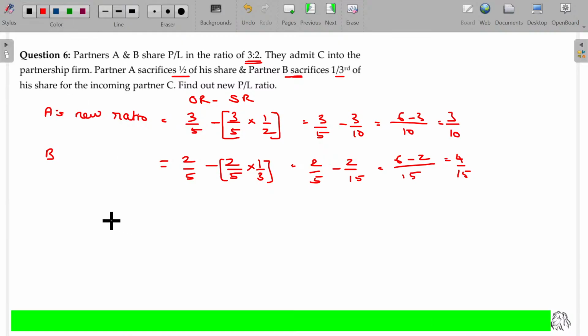Then C's new ratio. What C gets from A as well as from B, both will be added.